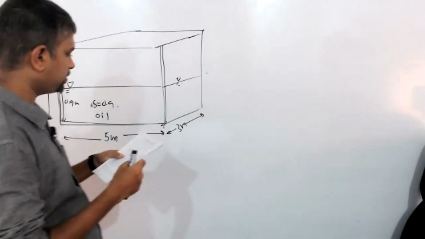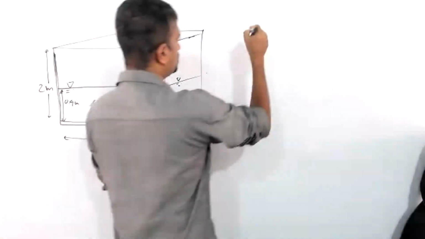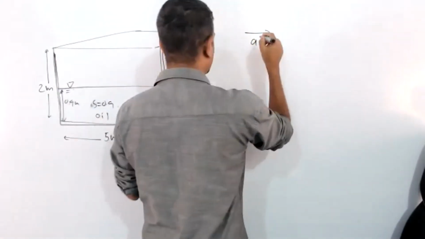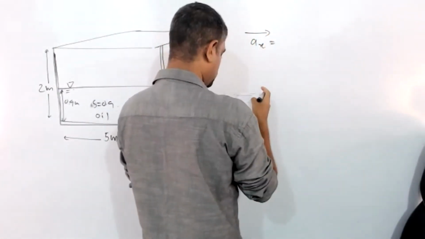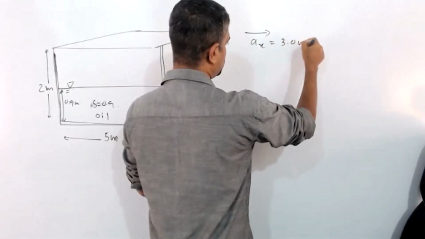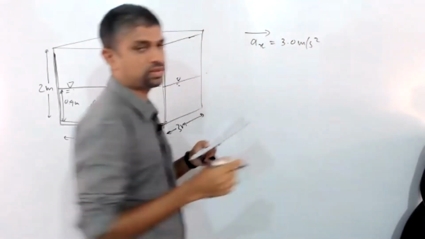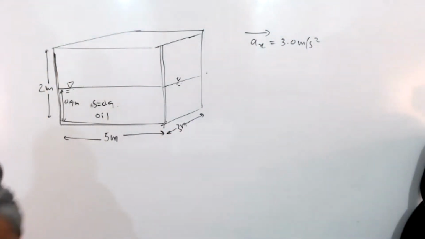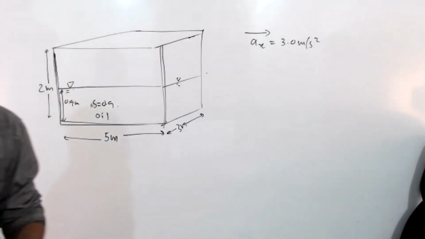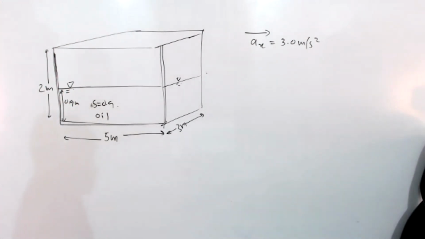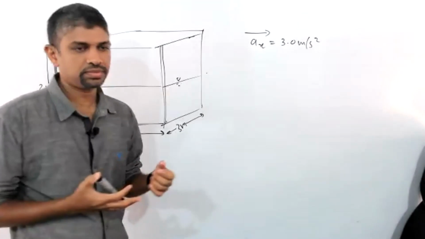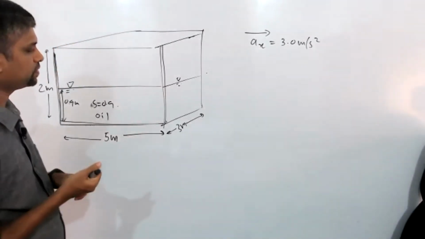Okay, so first, the tank is subjected to acceleration along the length. Let's say the acceleration a_x is 3.0 meters per second squared.